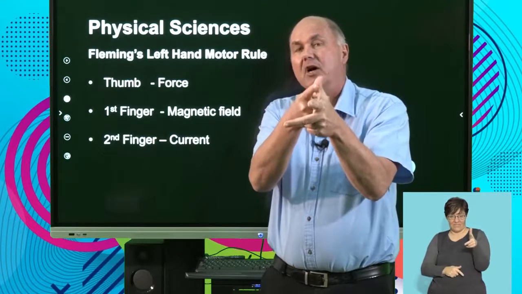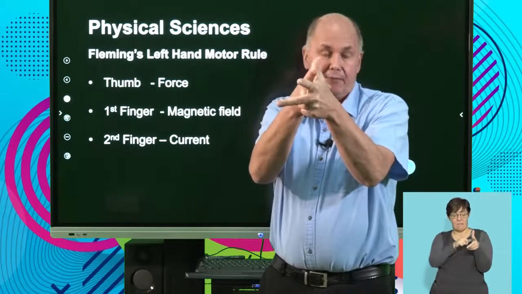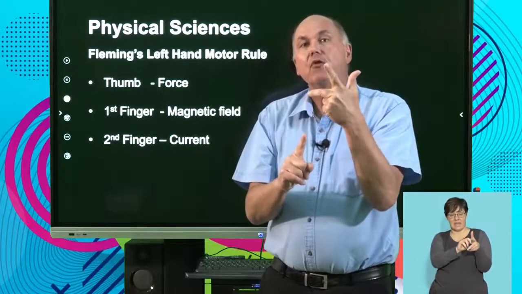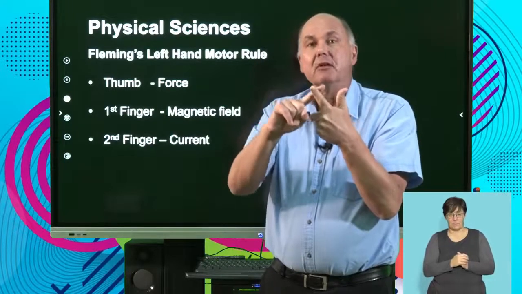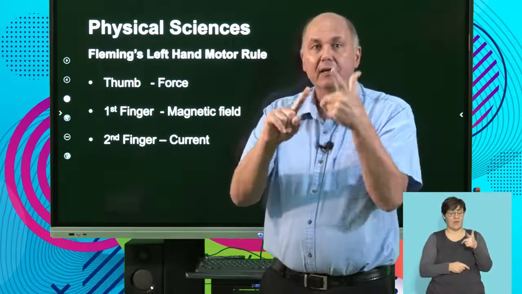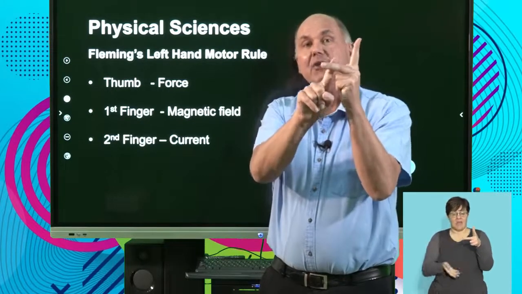So thumb starts with TH, and thrust, which is another word for force, F goes with the thumb. B is for the magnetic field, and that, I say, field with an F goes for the first finger. Okay, so F, B, and I is for the current.